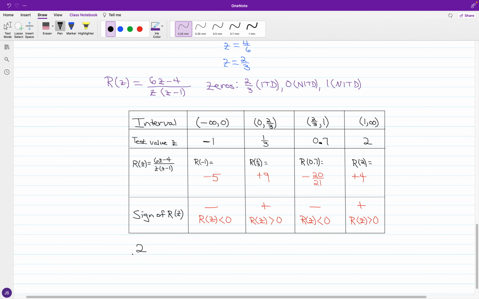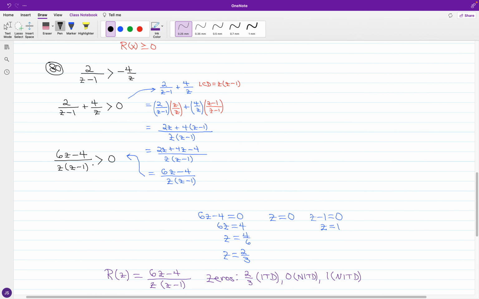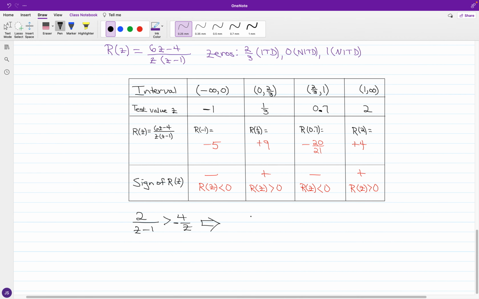Okay, so bringing it all back. We started out with 2 over z minus 1 is greater than negative 4 over z, and having put together a comparison to 0 as a ratio and consolidating the terms, I had 6z minus 4 all over z times the quantity of z minus 1, and that is greater than 0.